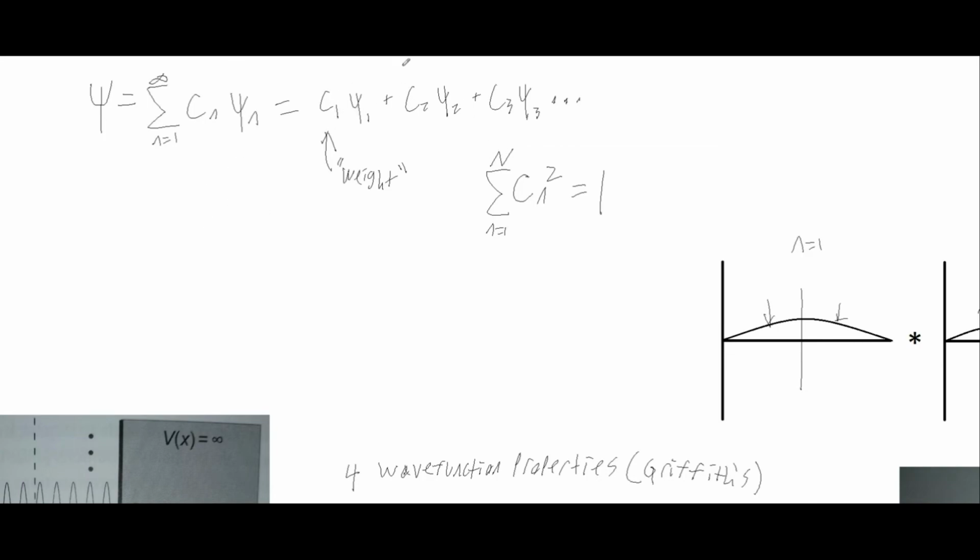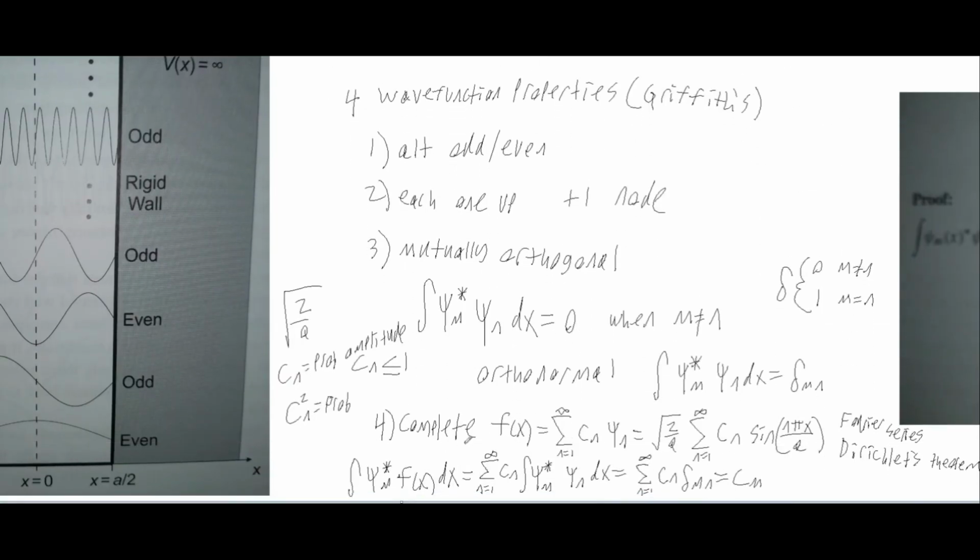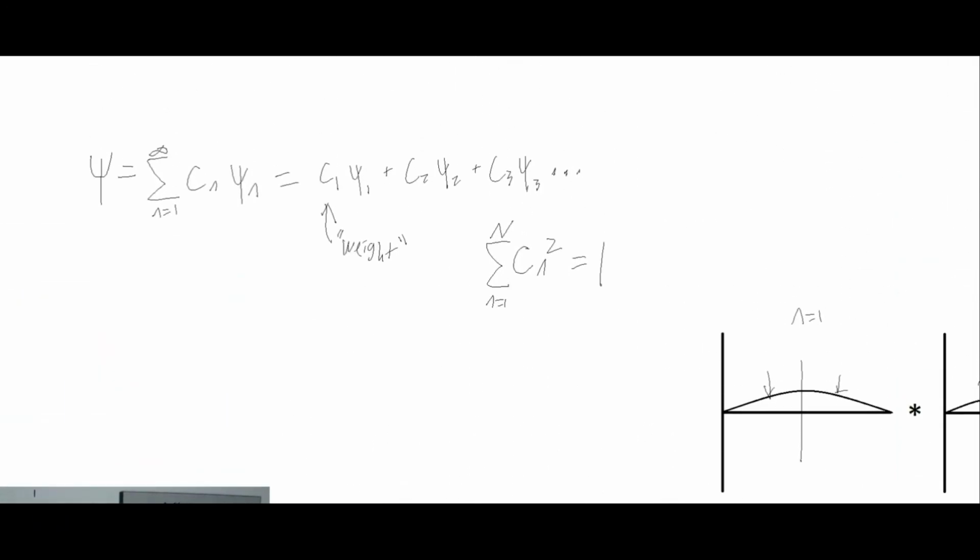We know that squaring it gives us the probability. So if we take the square of each and add them all up, it should come to 1. But this fourth point, as I said, is the completeness, where we can get wave functions that are linear combinations of any other wave functions.